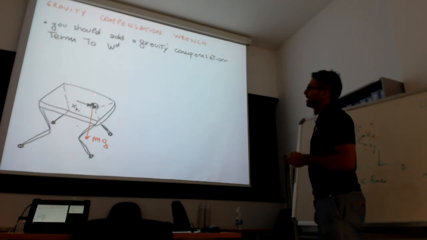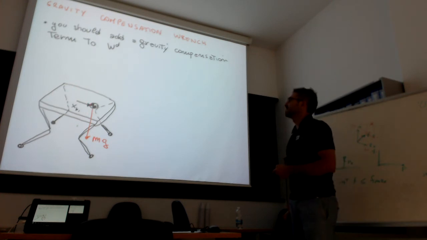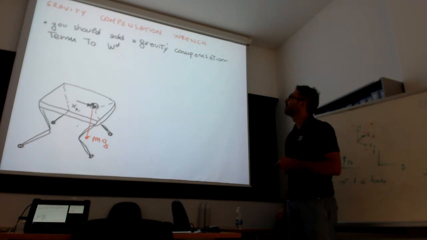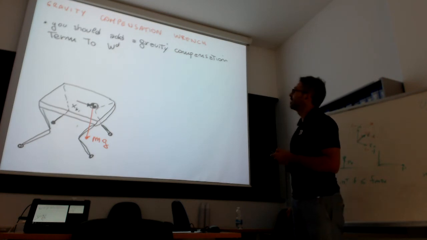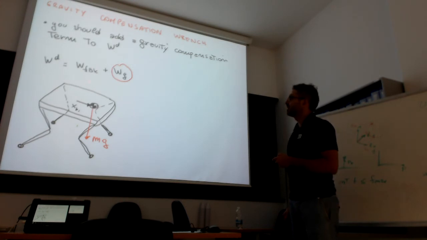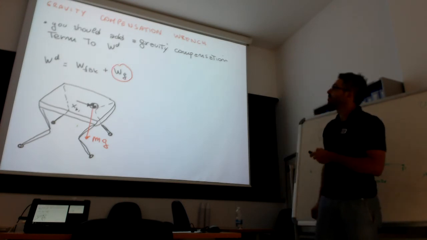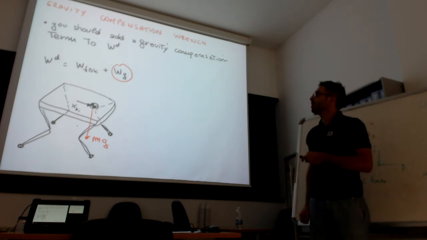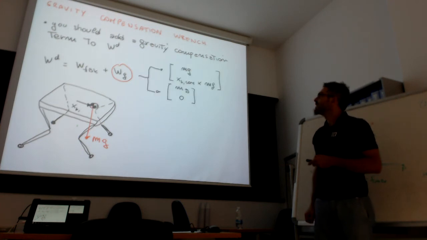So we know that gravity can be thought as having an application point located at the COM, and we want to apply a desired wrench that is able to, on top of a feedback term, provide a feed-forward gravity compensation, creating a wrench compensating opposite to this one.